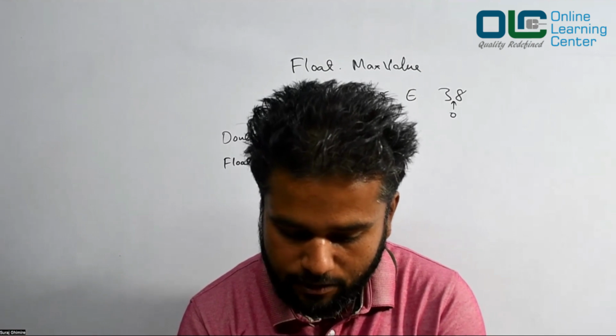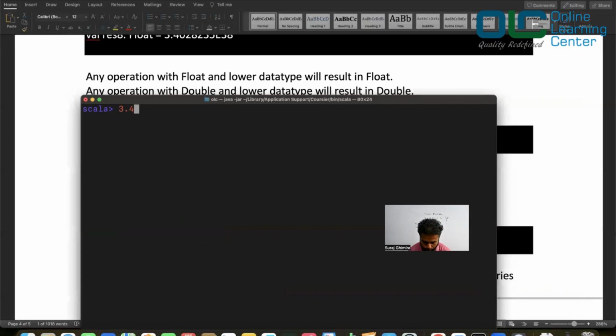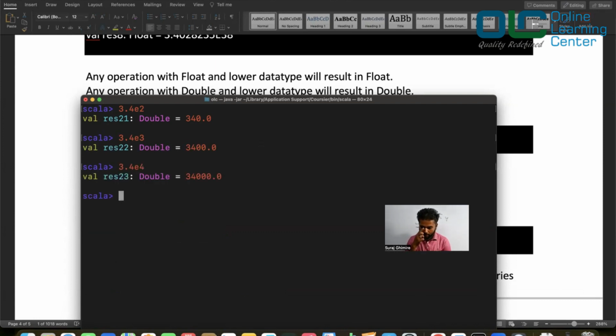I'll just go back to the screen, and let me just write 3.4 E2. Let's see what the output of this is. The output of this is 340. If I write 4, then I got 34,000. So 3.4 E4 gave me 34,000.